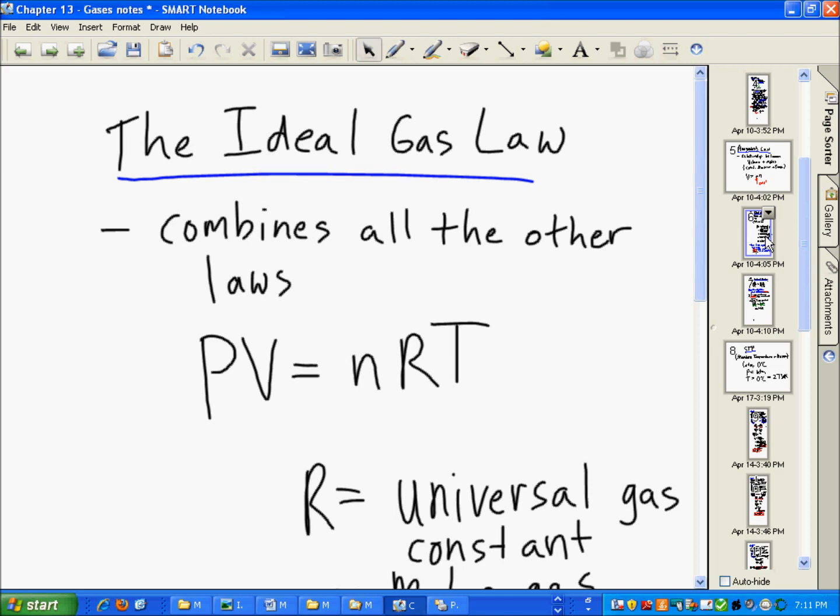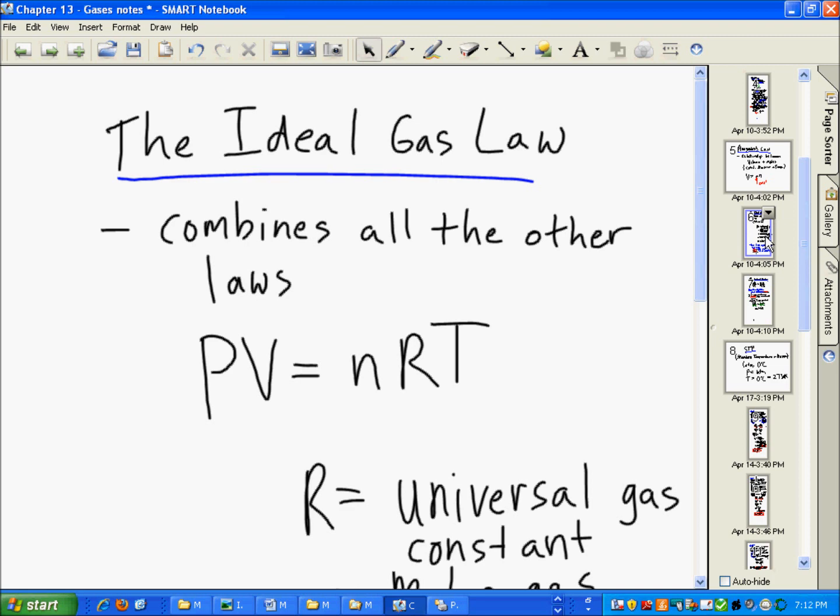And also they're far enough apart that they're not sticking together that much. And the other condition is high temperature, because if the temperature is high, the gas particles are going to be moving very fast, and they'll move so fast that they don't have time to stick together. And so stickiness doesn't become an issue. So under low pressures and high temperatures, the ideal gas law tends to work best.